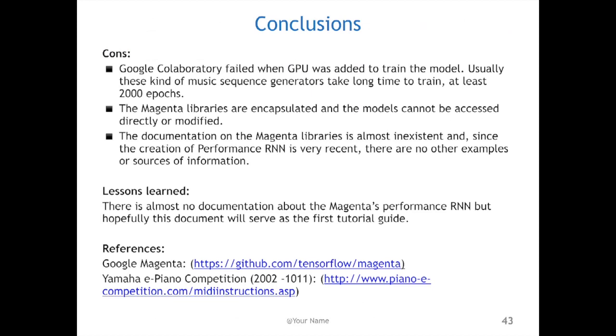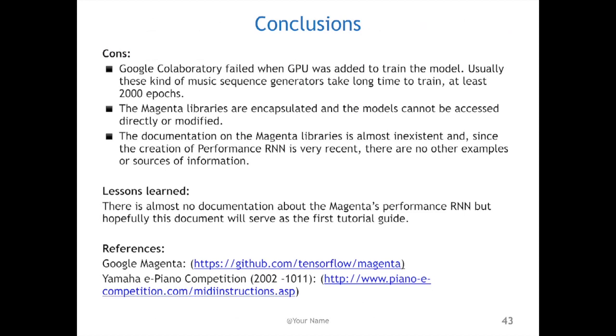Cons. Google Colaboratory failed when GPU was added to train the model. Usually, these kind of music sequence generators take long time to train, at least 2000 epochs.